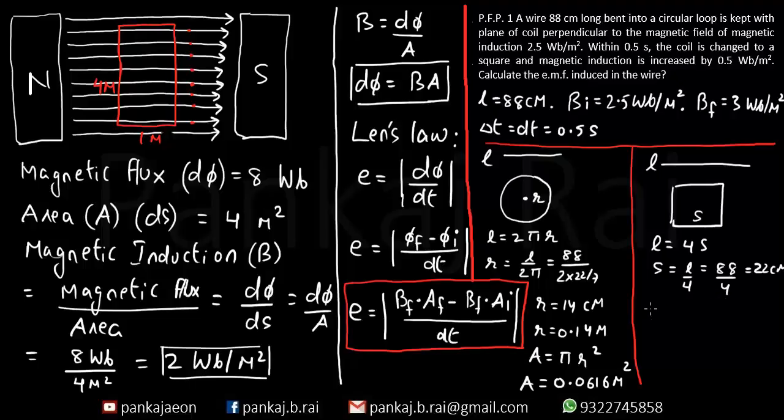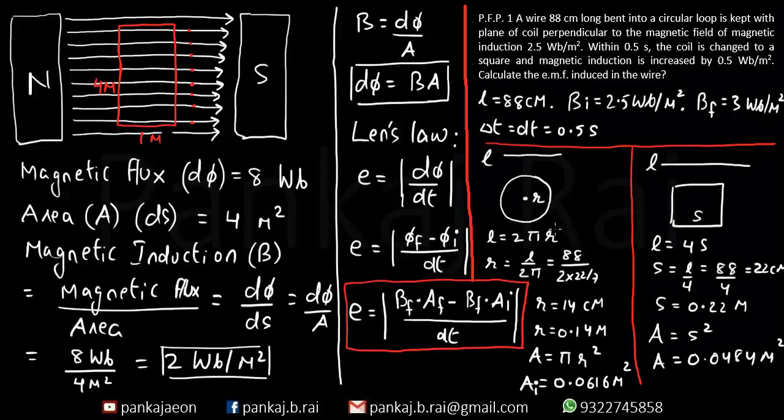Now S is 22 centimeter, so it will be 0.22 meter, and area of the square is given as side square. So it will be 0.22 square. If you do that, you will get the area of that square as 0.484 meter square.